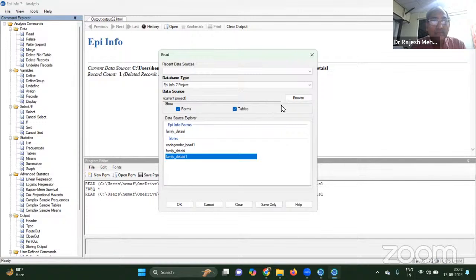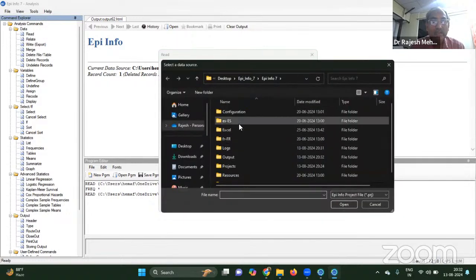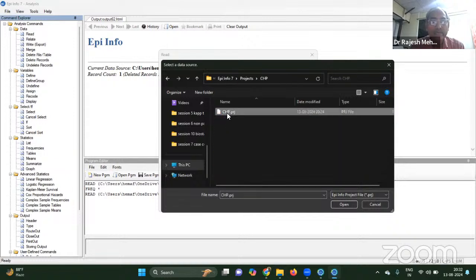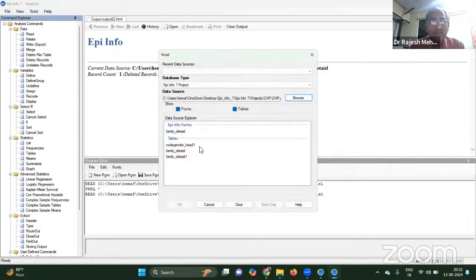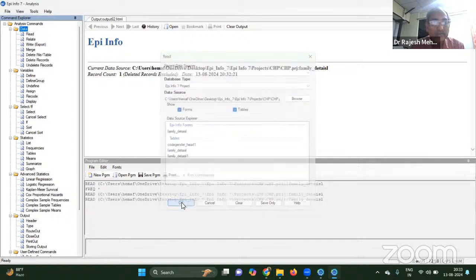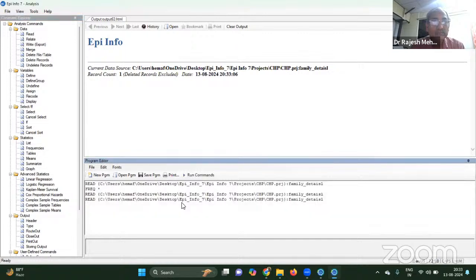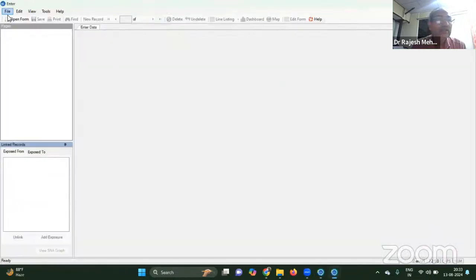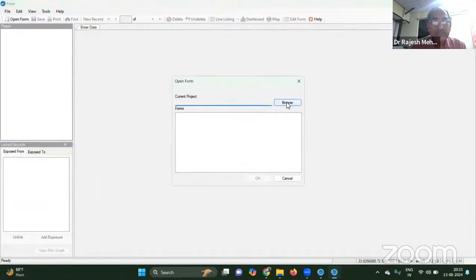From the data source. Is it? Okay. Probably it is not doing the same thing. We should have 5 records. Let me enter the data again. Open the form and the project.